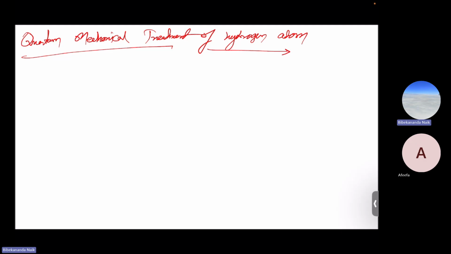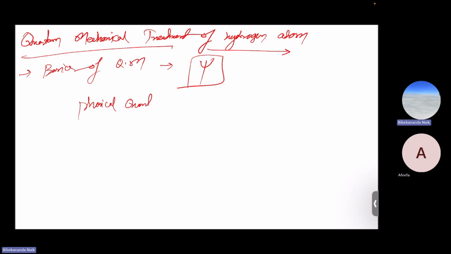If you talk about the quantum mechanical treatment, the basics of quantum mechanics was discussed. In quantum mechanics, everything was represented by the wave function, and the physical quantities are represented in terms of operators.